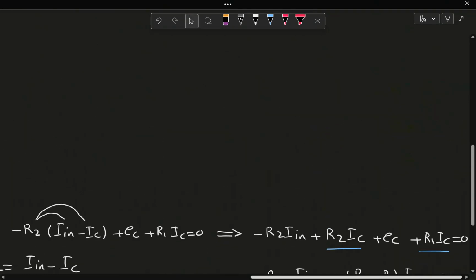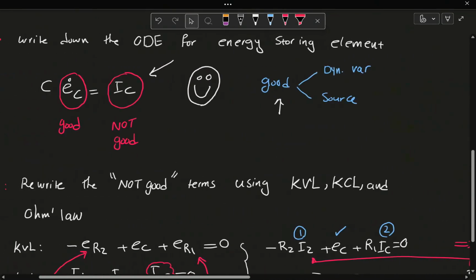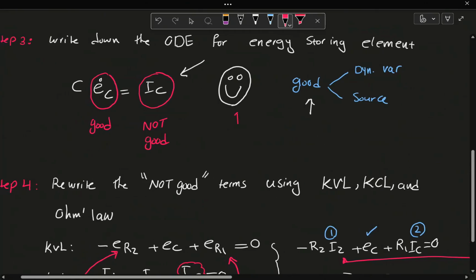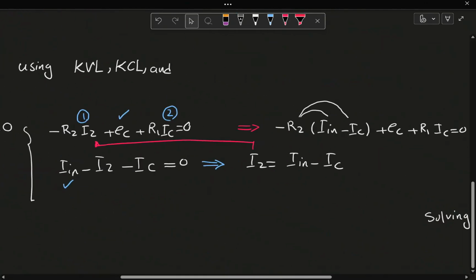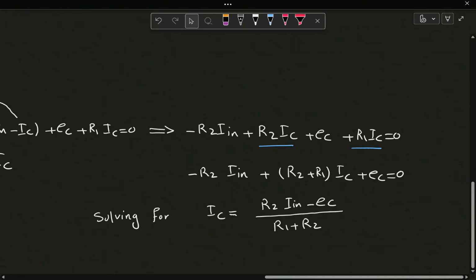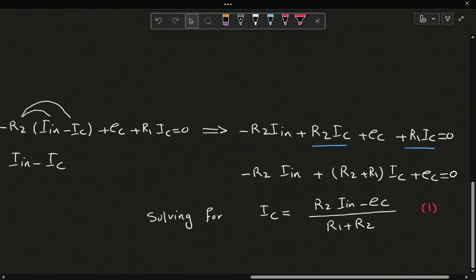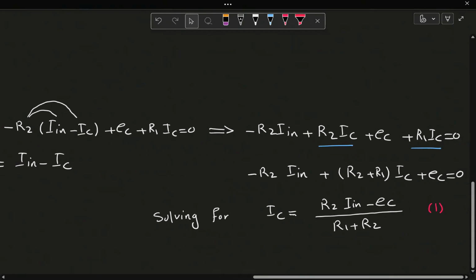Now, let's go back to the original equation, the smiley. The only thing you need to do is substitute IC from here, which I'm going to call equation 1, in that equation.